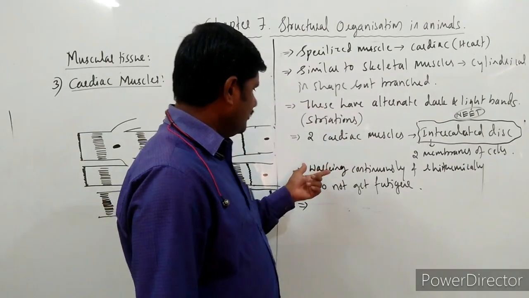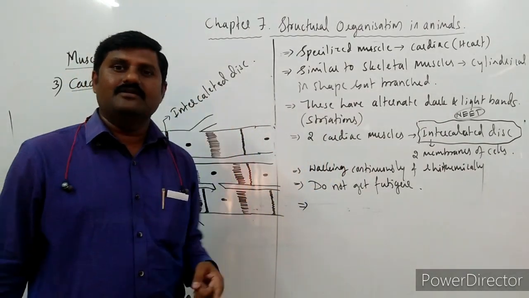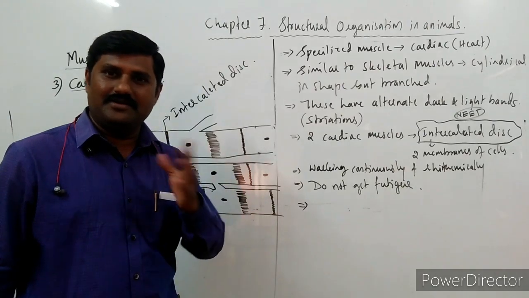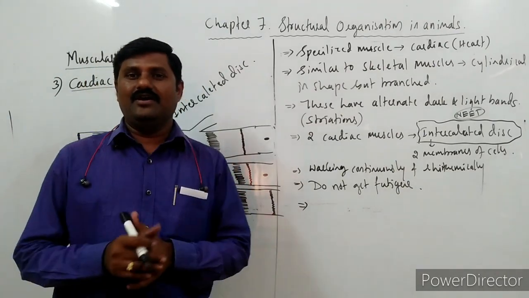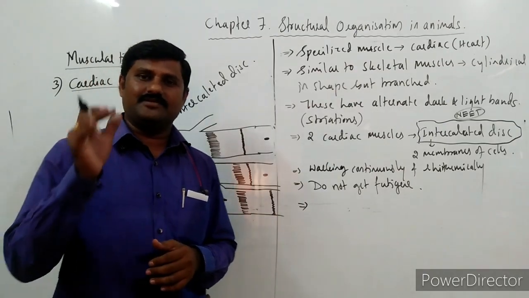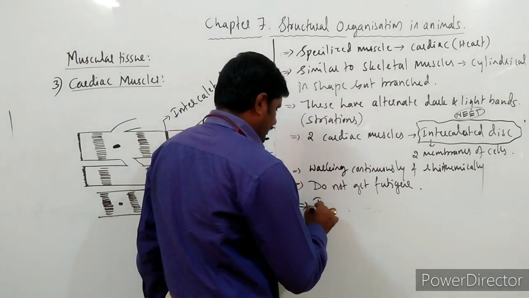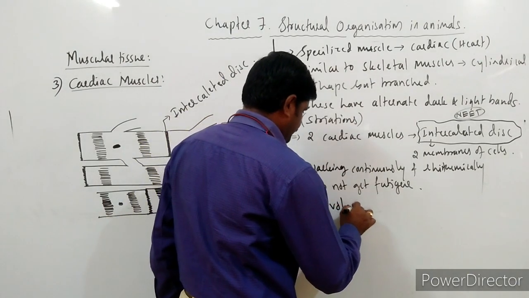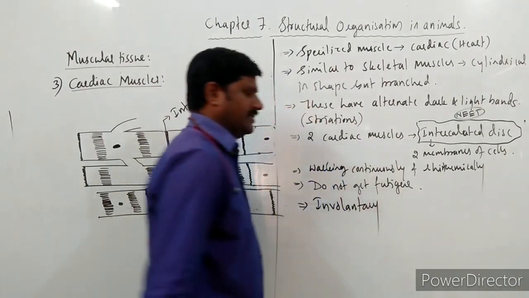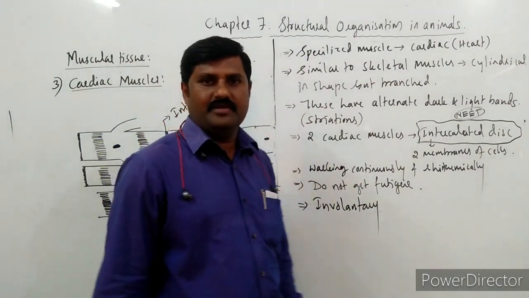Are all these muscle fibers listening to your orders? No, they never bother about your orders. They work by themselves continuously until the last breath of the human being. Hence these are involuntary muscles.